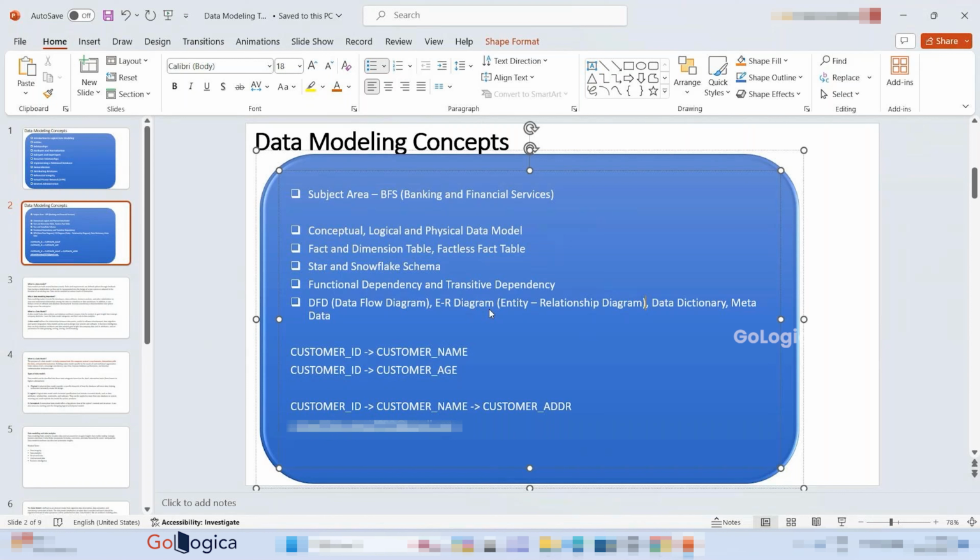As a data modeler, you have to think about the entities, define the relationships with the other entities, and then create a data model. You got my point? The main objective of a data model is the same: we have to think about the entities.